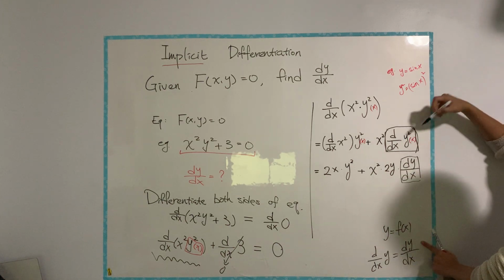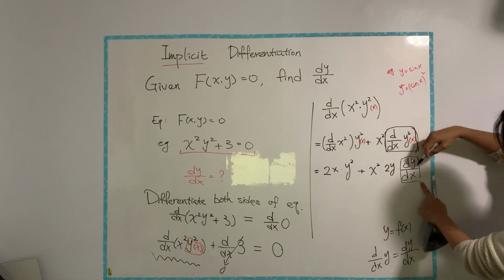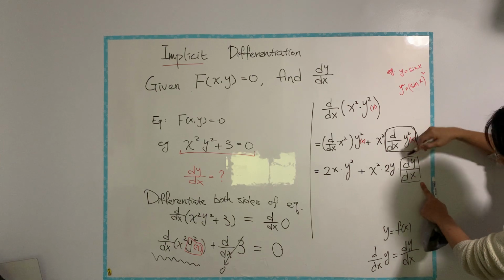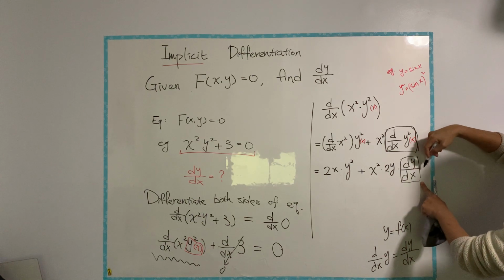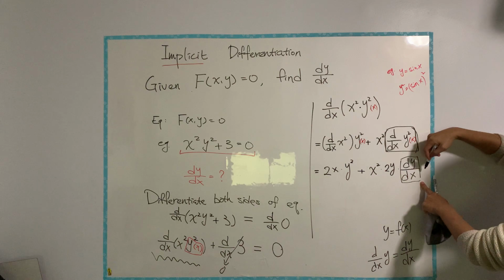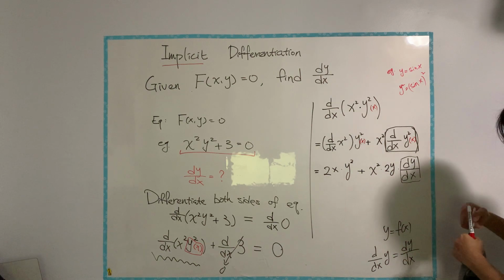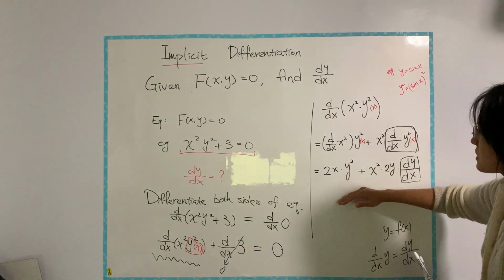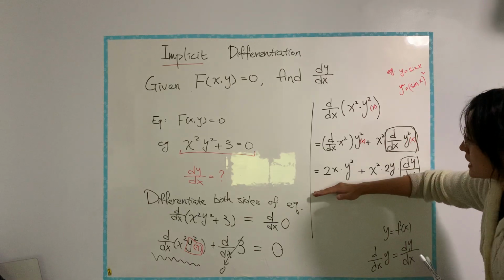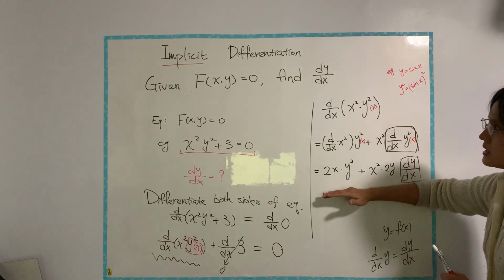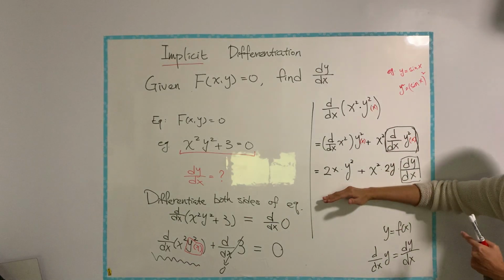So I don't know what y is, but I know that the result of the derivative would be denoted by dy dx. Okay? So this is the key concept. This part is the key concept of implicit differentiation.